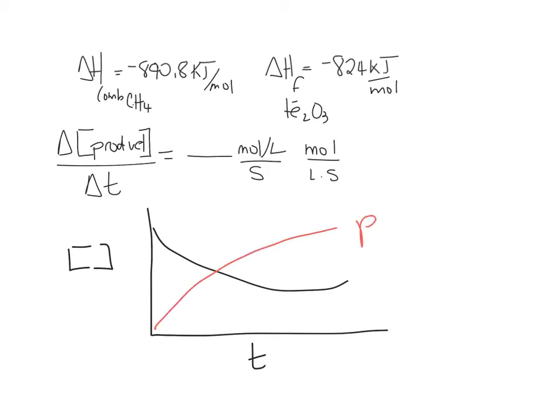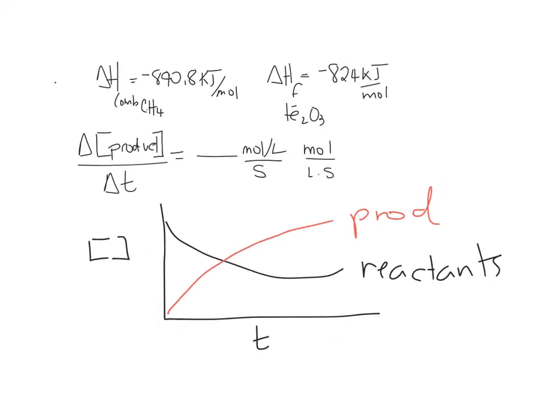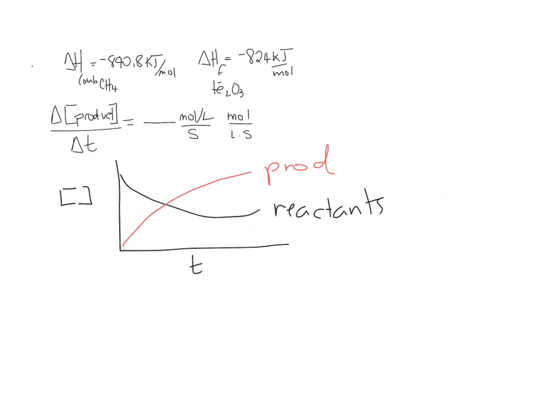So this is your products. And then this is your reactants. Maybe it goes all the way down to 0, maybe it doesn't. But basically, you increase the amount of products, you decrease the reactants because they get used up. So, when it comes to writing out the expression for reactants, you have a negative because they decrease.